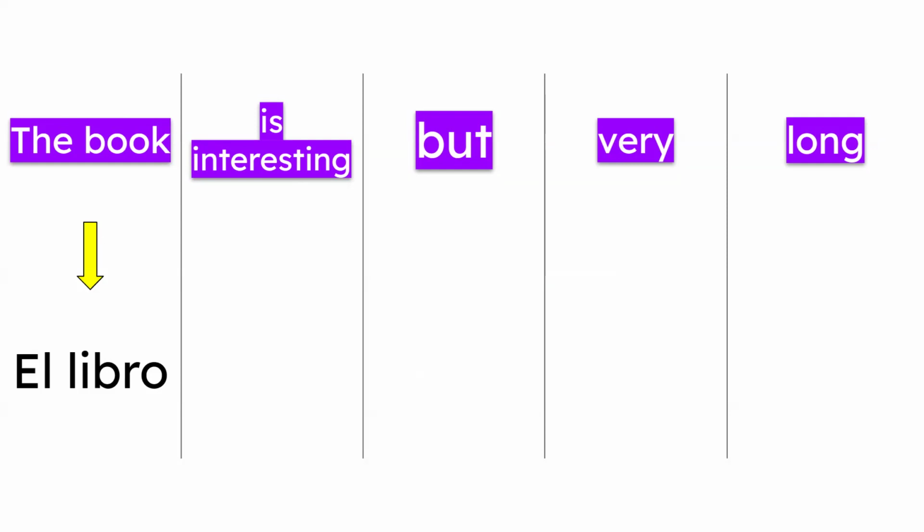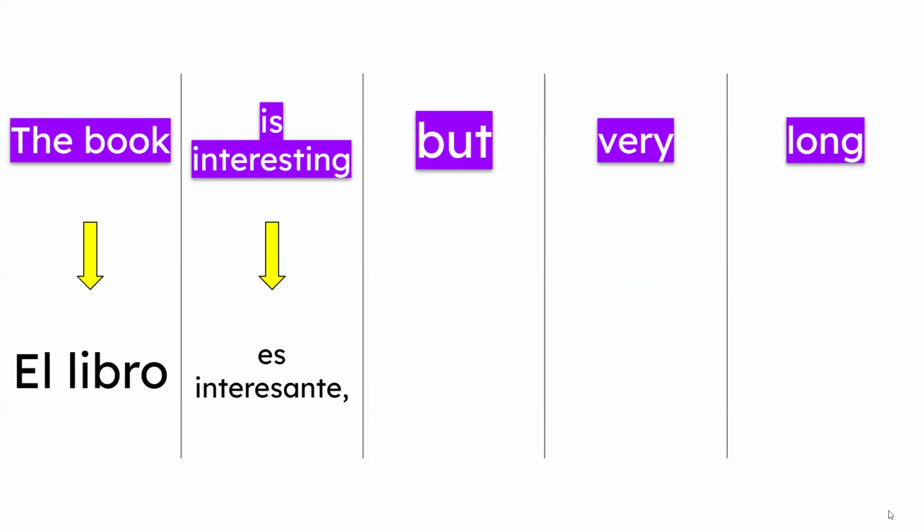When we talk about facts, then we use the verb ser. In this case, the book is interesting. So we use el libro es interesante. El libro es interesante.